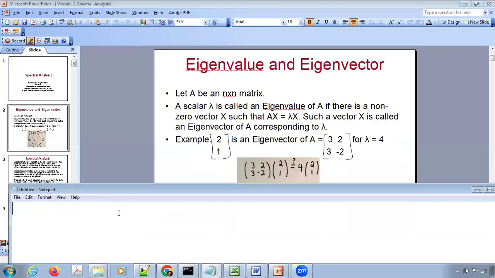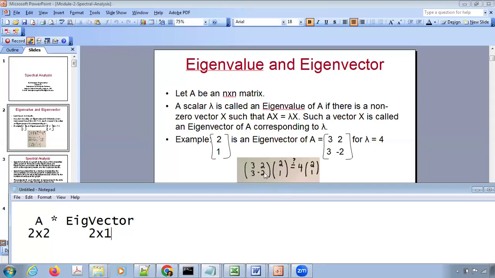The square matrix A multiplied by the eigenvector. So A is a 2 by 2 matrix, 2 rows, 2 columns. The eigenvector, as I said, is a column vector, so it has 2 rows and 1 column. So it's a 2 by 1 matrix.